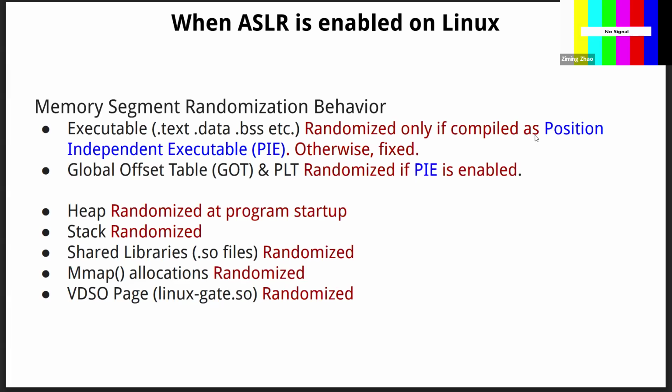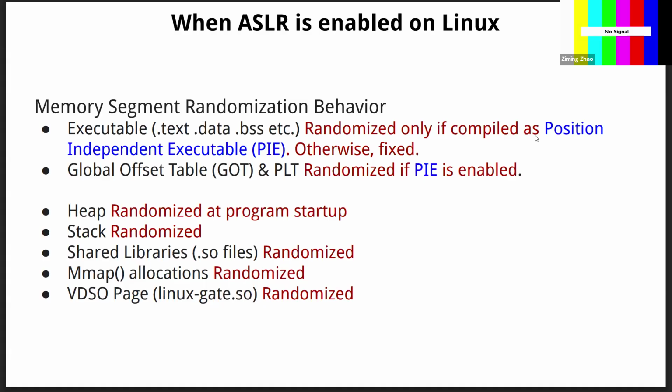So when ASLR is enabled on Linux, there are many parts we can randomize. The first is the executable itself. As a software developer, you develop the main part of the program. You use other libraries like libc.